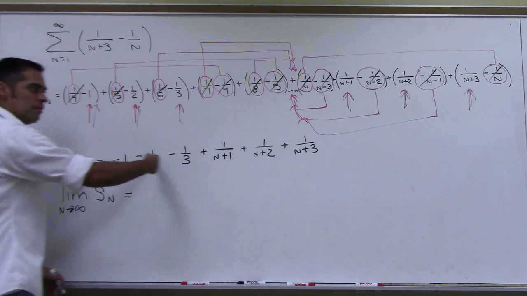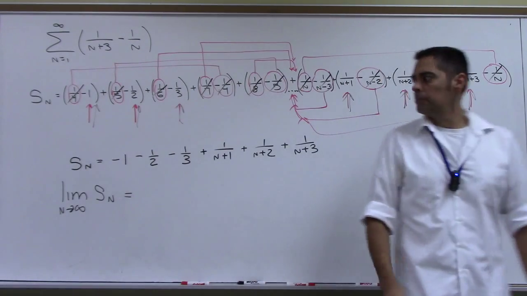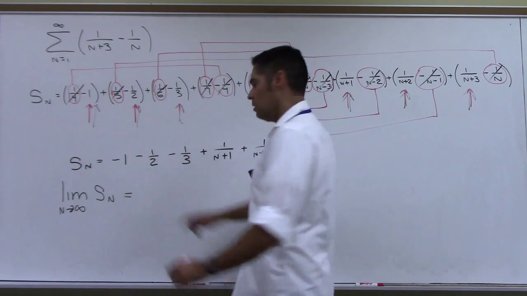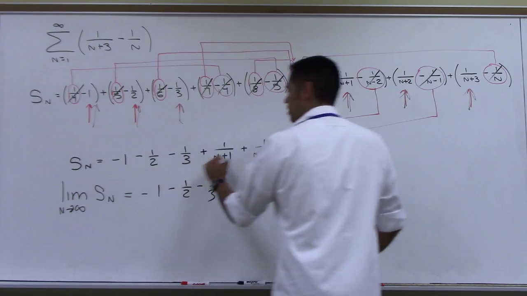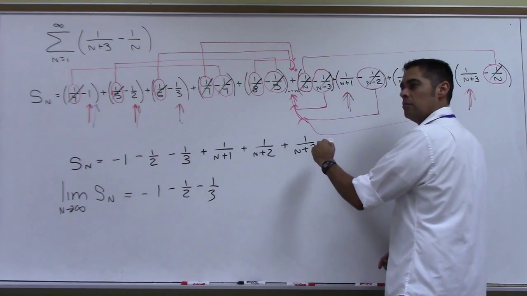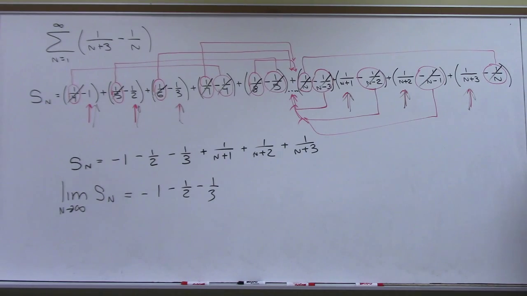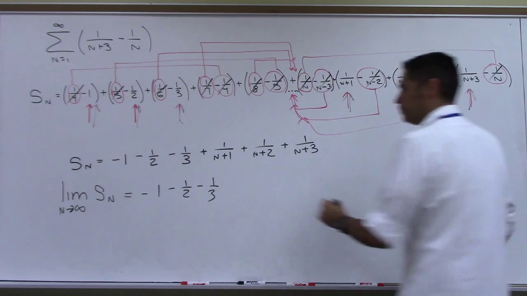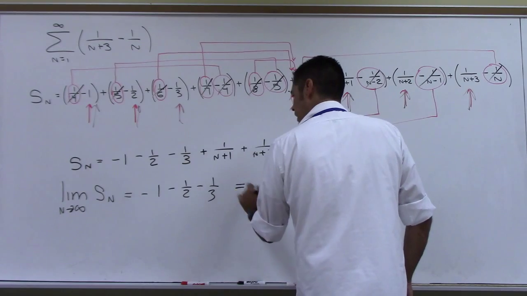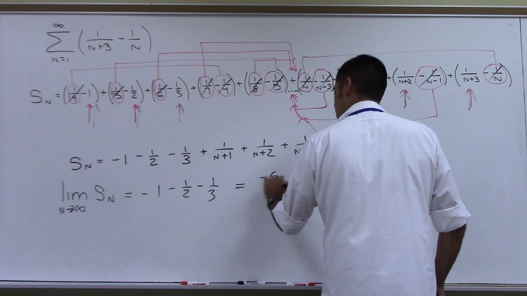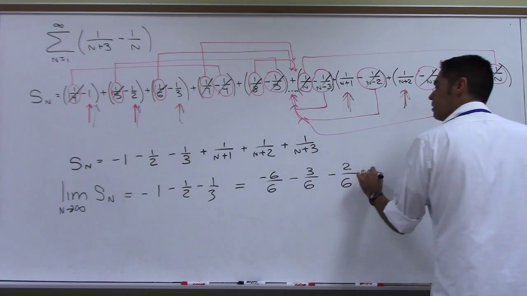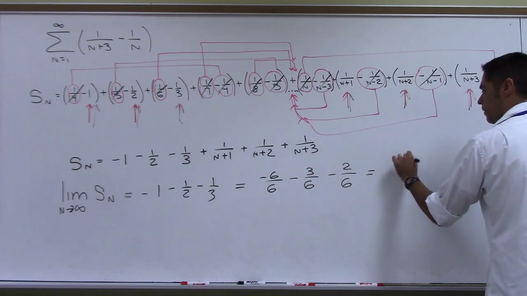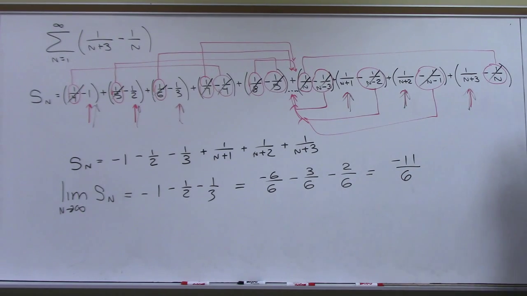So look at this right here and tell me what happens as n goes to infinity. It's just the first 3 numbers. -1, -1/2, -1/3. Right? Because this goes to 0, this goes to 0, this goes to 0. And let's figure out what that is. Get a common denominator. How about 6? So -6/6 minus 3/6 minus 2/6, which is -11/6.